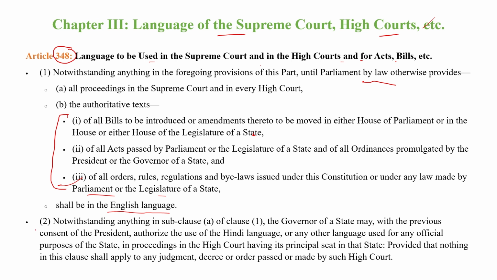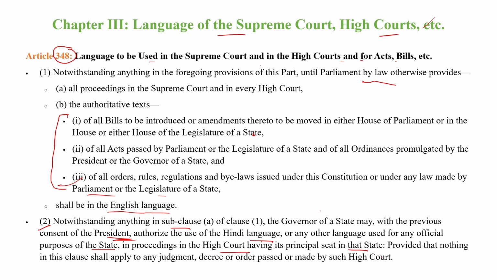What does clause 2 of Article 348 say? Clause 2 of Article 348 explains that notwithstanding anything in sub-clause of clause 1, the governor of a state may, with the previous consent of the president, authorize the use of the Hindi language or any other language used for any official purpose of the state in proceedings in the High Court having its principal seat in the state, provided that nothing in this clause shall apply to any judgment, decree or order passed or made by such High Court.